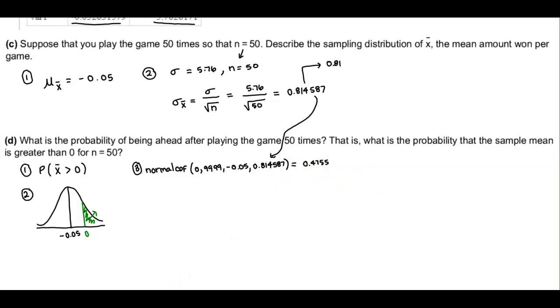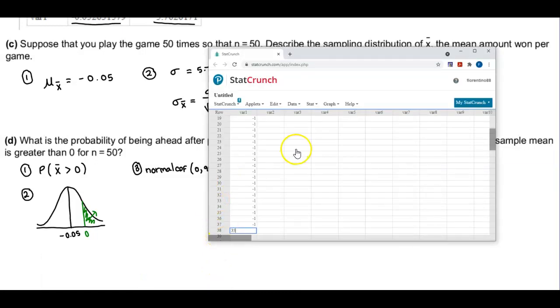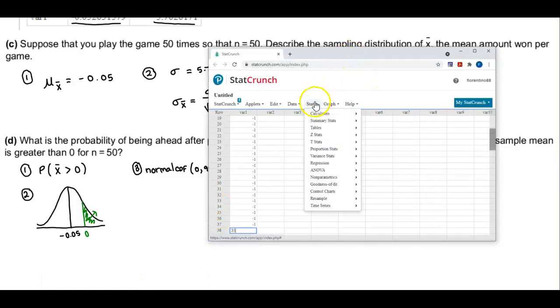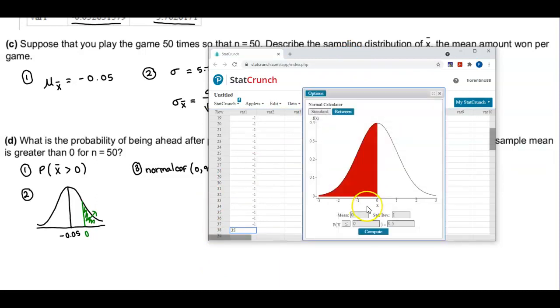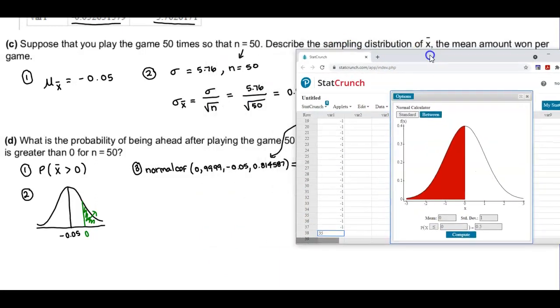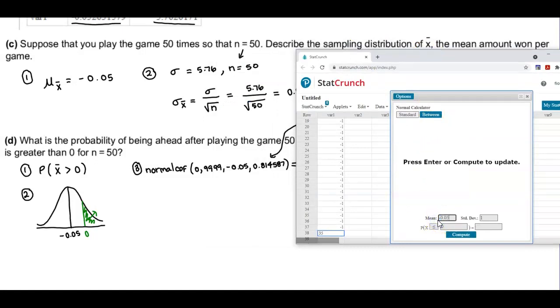Okay, so now we're going to do this on StatCrunch. We're going to go to calculators and then normal. We know that our mean from our example is negative 0.05, and our standard deviation is 0.814587.